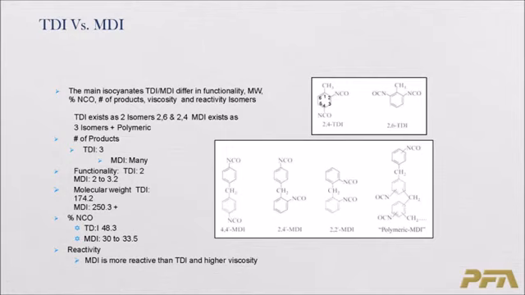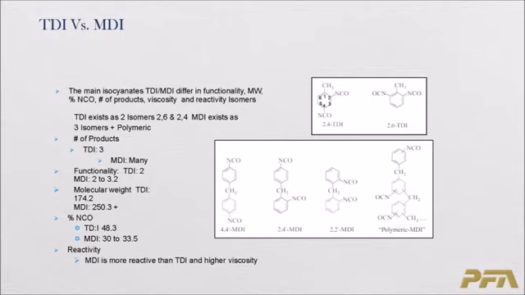With MDI, you have three monomeric isomers and a lot of polymeric type isomers. If we talk about the synthesis, you'll understand why. But as a result, for TDI, there are only 3 commercially available products. For MDI, there are many, probably at least 50 MDI products out there. Functionality for TDI is always going to be 2, no matter which of the 3 products you have.